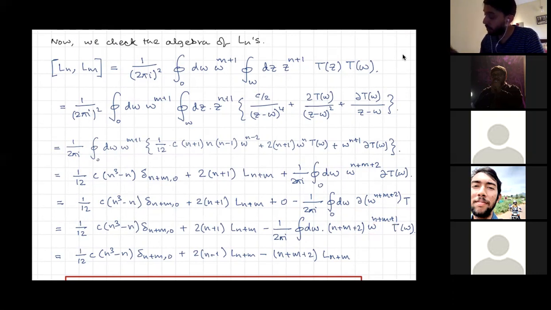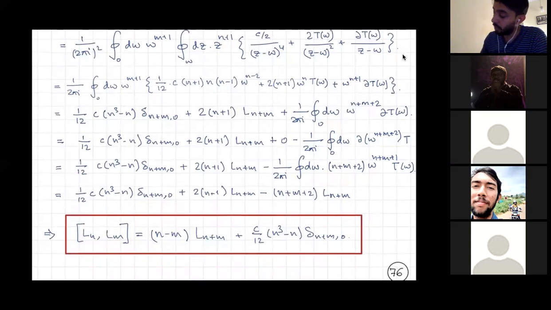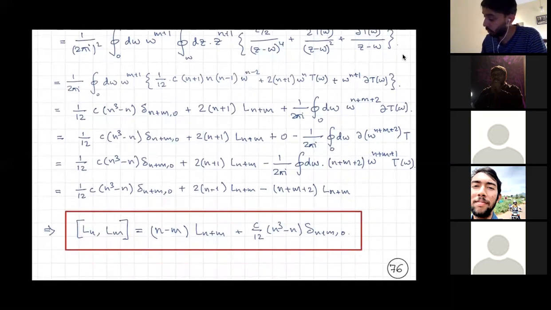Now at the end of the day you've already got this term and this term, and from this last one you get an n plus m plus 2 into L of n plus m. And so once you add these things up, what you end up with is your Virasoro algebra.